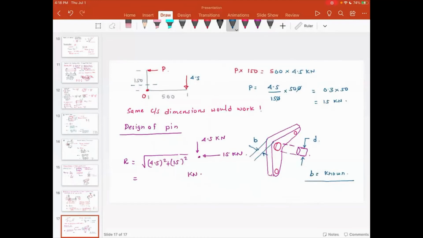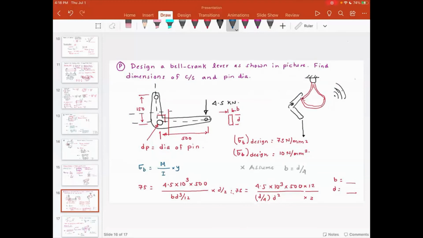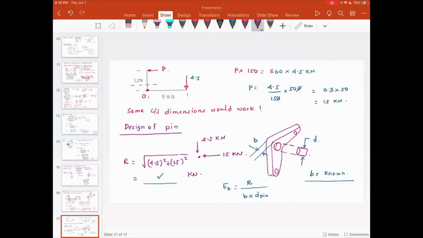So B is known. So the bearing stress sigma B is equal to R divided by B multiplied by the diameter of the pin. The value of R is known. The value of bearing stress is given to us, which is 10.